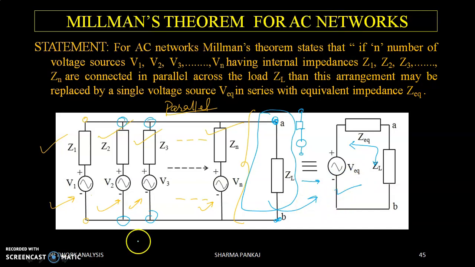This is Millman's theorem, which was actually discovered by the famous electrical engineer Mr. Millman, in whose honor this theorem has been named. This is nothing but a combination of Thevenin's and Norton's theorem. When you go to apply this theorem, you will find that this is nothing but a special case of Thevenin and Norton's theorem. This theorem is also known as the parallel generator theorem.